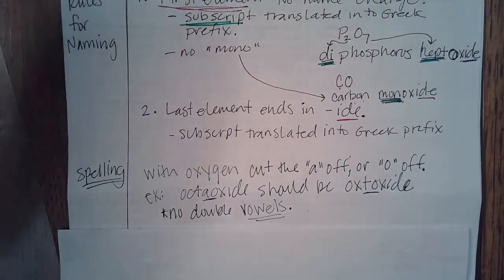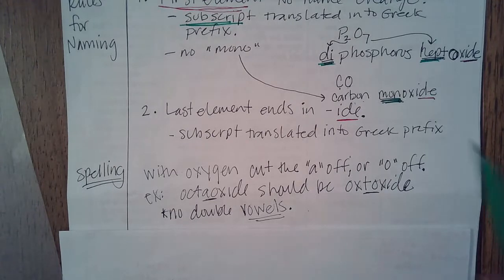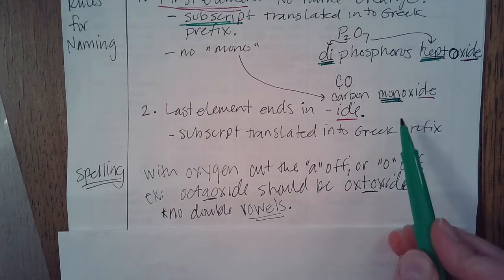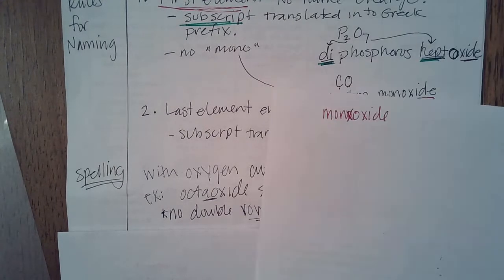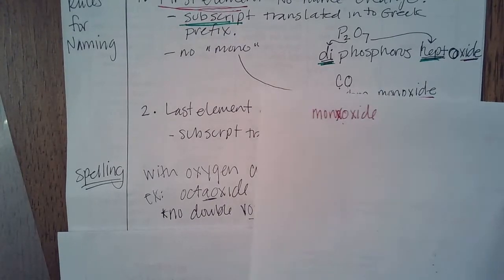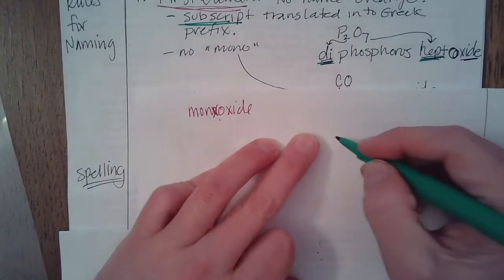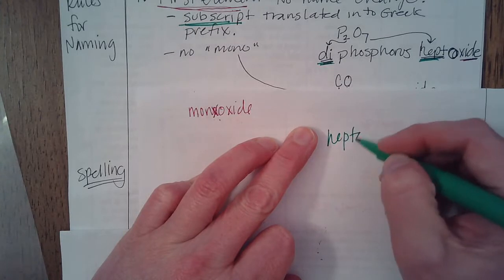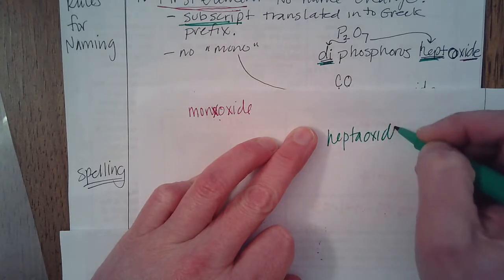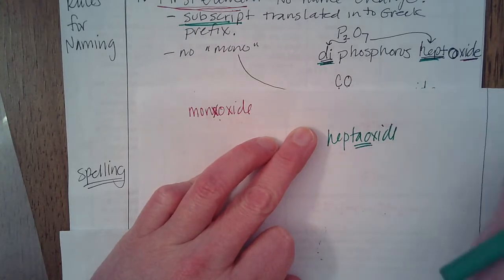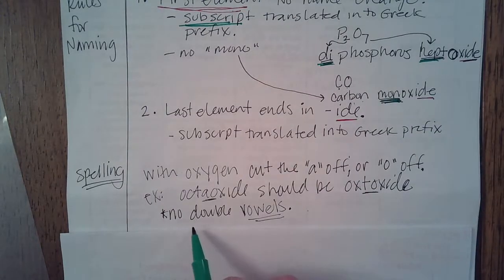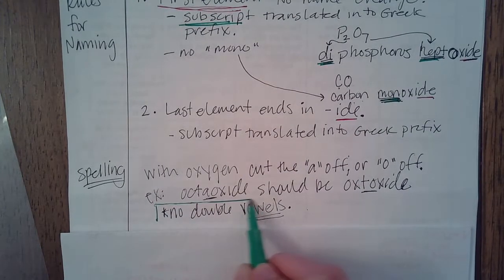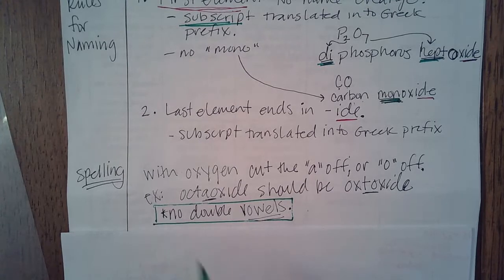So then there's one little thing we have to go over. This is why I don't do monooxide or heptaoxide. We can't have double vowels. It's not allowed in the English language.